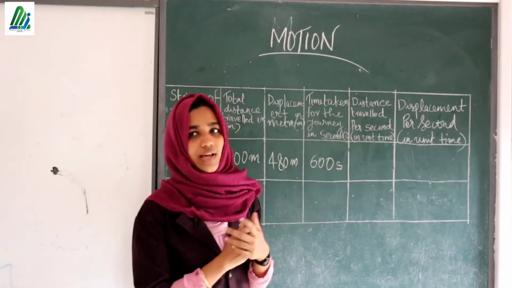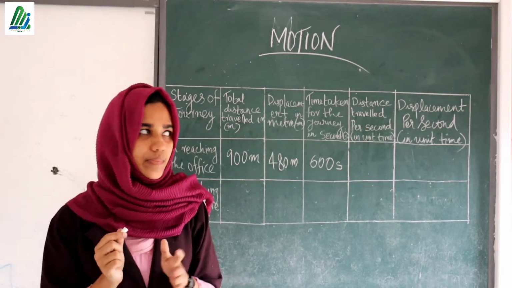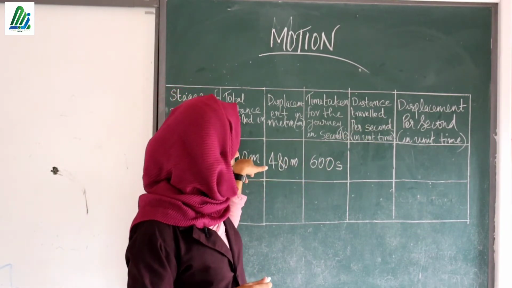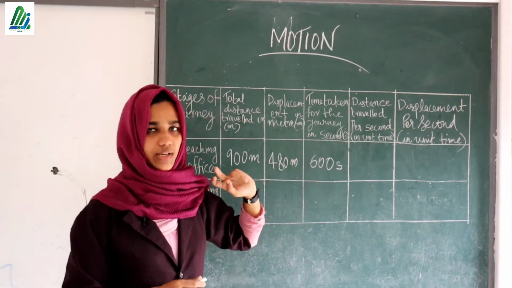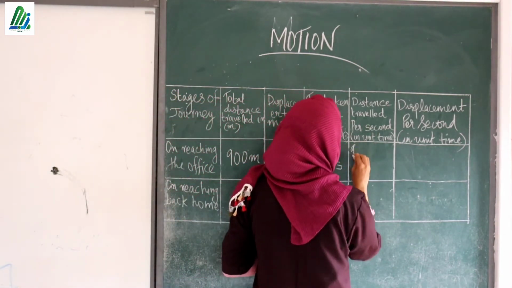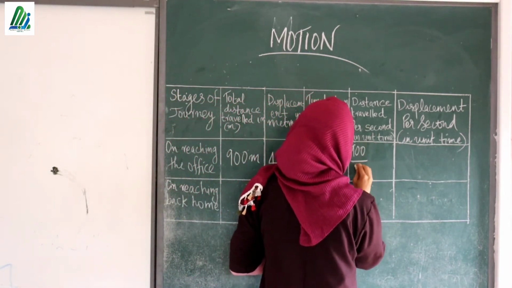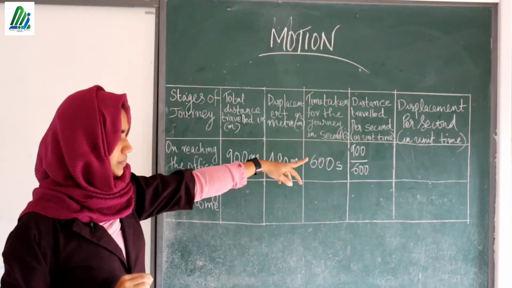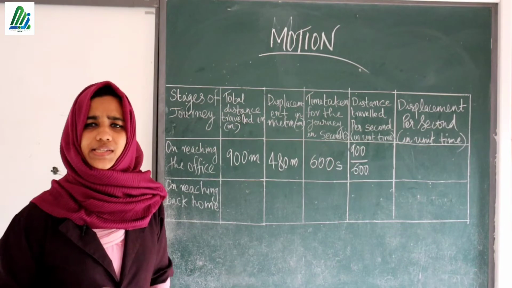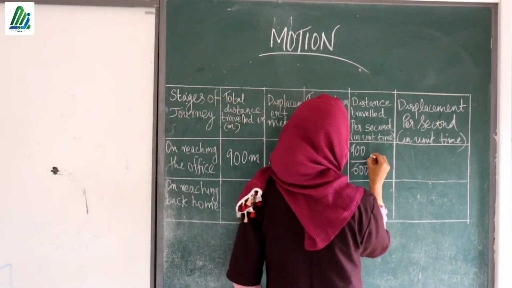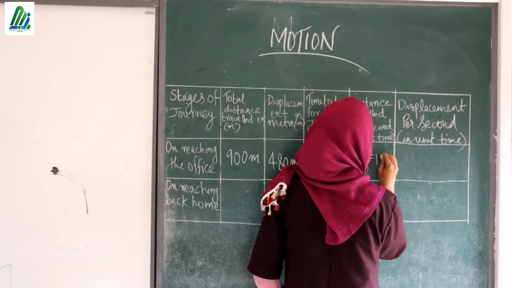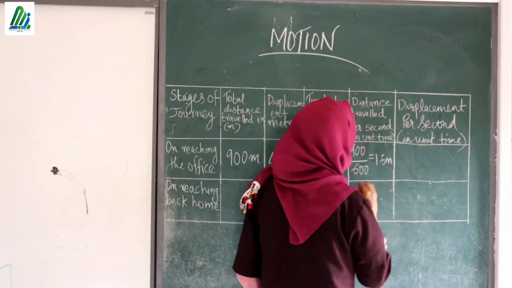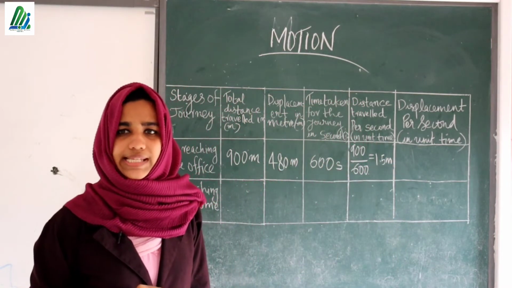That is 900 by 600. By dividing this we will get 1.5 meter. Is it clear?